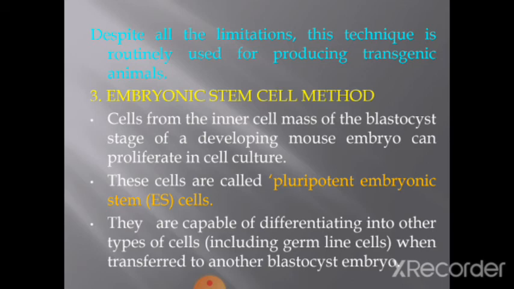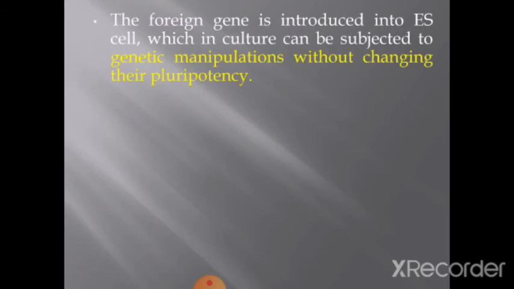So what you will do is take the blastocyst of a mouse embryo, collect the inner cell mass and proliferate them in cell culture, and now you call them pluripotent embryonic stem cells. These are capable of differentiating into any other type of cells including germline cells when transferred to another blastocyst embryo. Now, what to do with this?